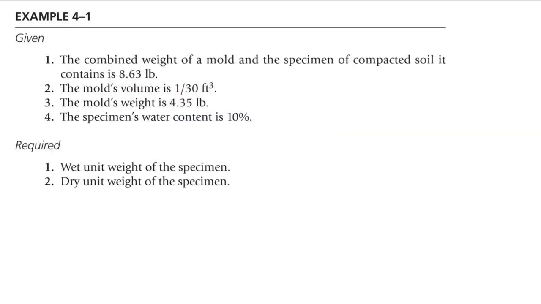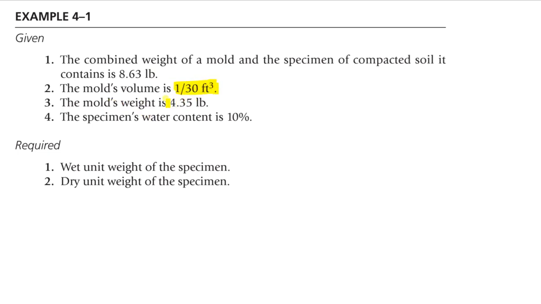Okay. Now let's look at another example, and the example says a test was performed in the lab. A standard Proctor test was performed in the lab, and the mold that we used is a standard mold. The volume of the mold is 1/30 cubic foot.